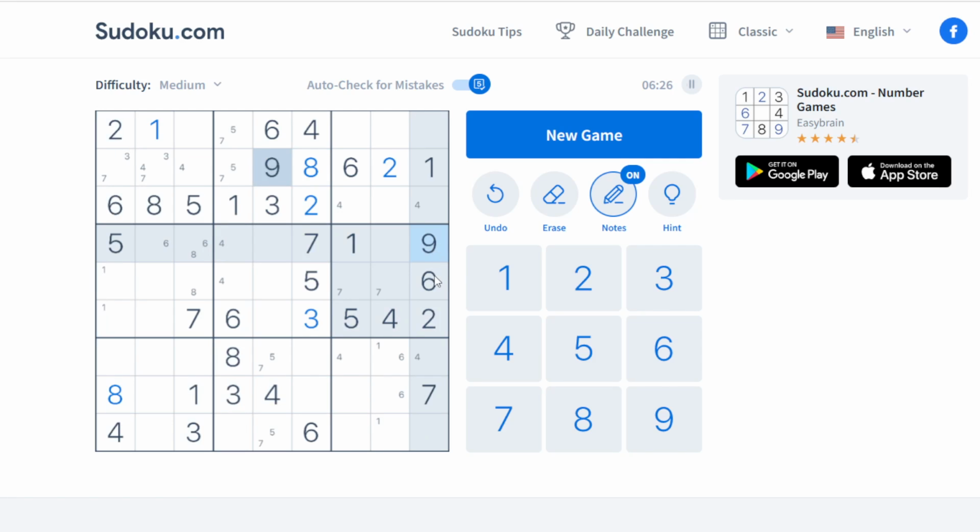Let's take a look at these 9s. We know for a fact the 9 must go up here, since this 9 cancels out all of these options. And we can make a note that the 9 must go here or here. Similarly, we know the 9 cannot be here, here, or here, and it also cannot be here because of this 9. Therefore, that is guaranteed to be the 9.